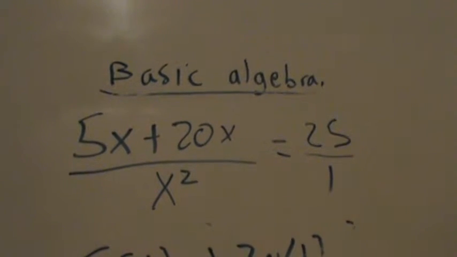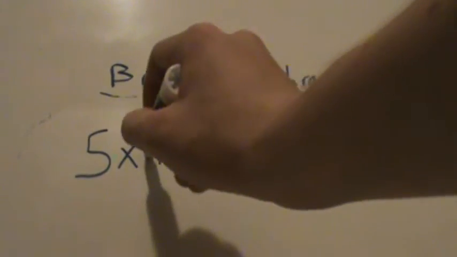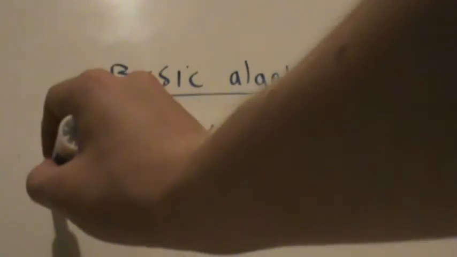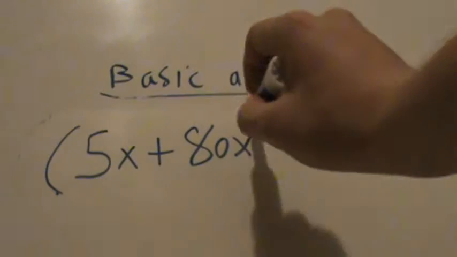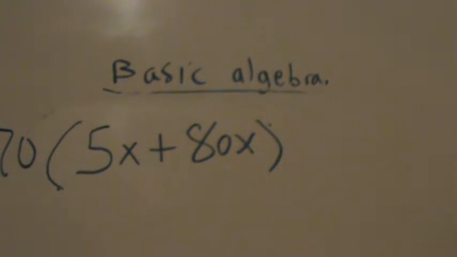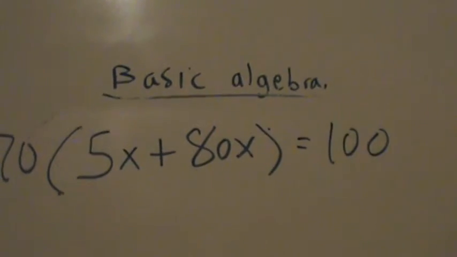Now let's do one more. Let's do something like 5x plus 80x times 20 equals 100.